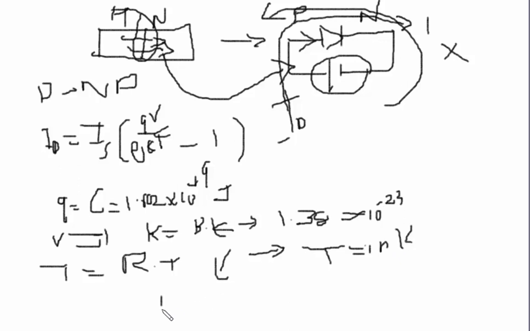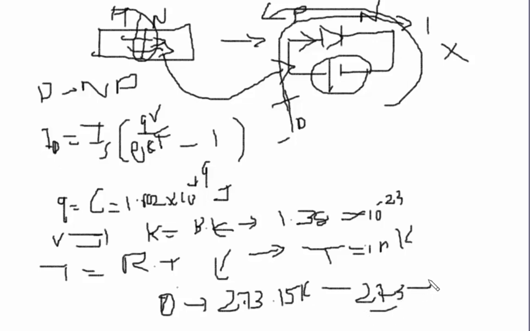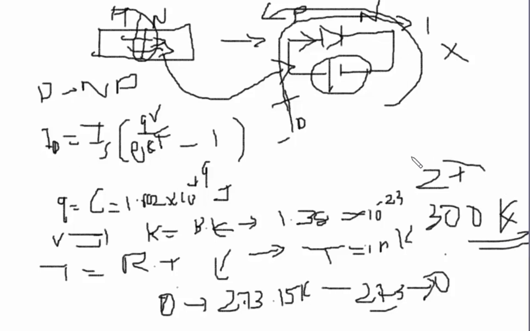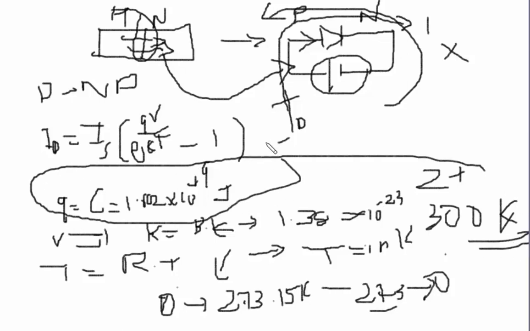So 0 degrees Celsius is nothing but 273.15 Kelvin. Basically we can consider 273 as standardized for 0 degrees. So standard room temperature like 27 degrees Celsius, we can call 300 Kelvin. Like this our equation has been formed.